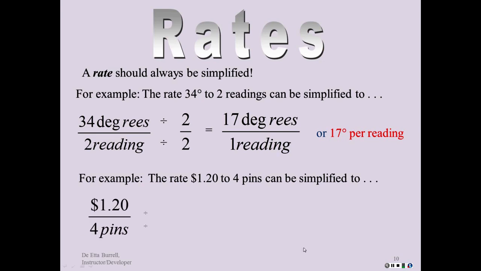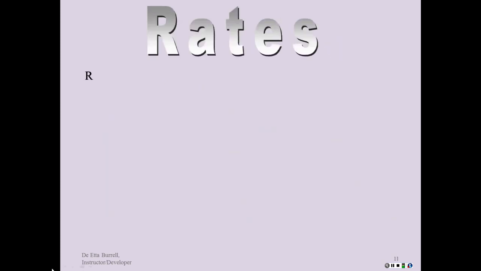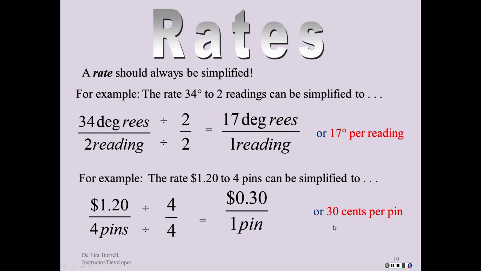Just like this one. We can reduce this by 4. And here we're going to get money. But the money is less than $1. It's 30 cents per pen. So lots of times when we do money or unit rates, we write it this way: the money per the item.